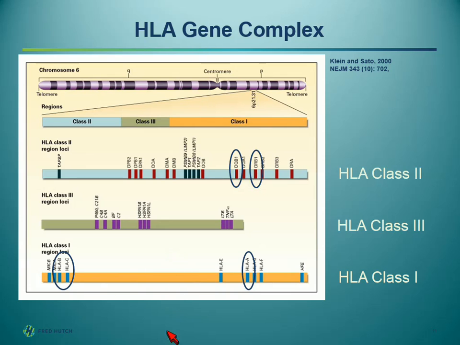Now you see a big split between A and B, and across the whole complex, it's quite easy to get recombination events between class 1 and class 2. So this is why linkage disequilibrium exists, and why you get in trouble if you have a bad antigen in a search.